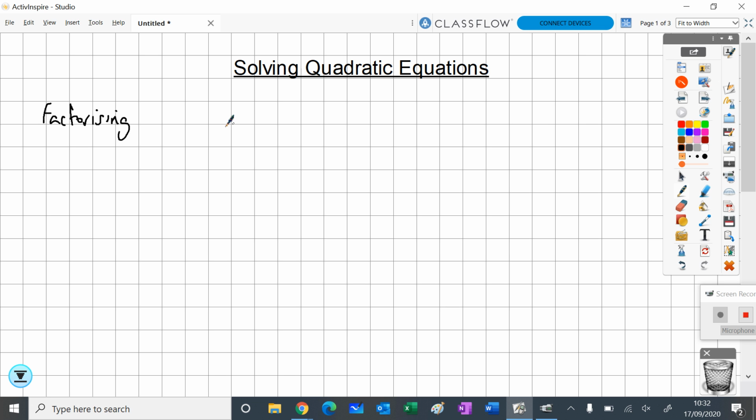These two methods, the formula and completing the square, are actually one and the same thing, but it just doesn't look like it. Now, factorising is the simplest method, the quickest method, if it can be done.